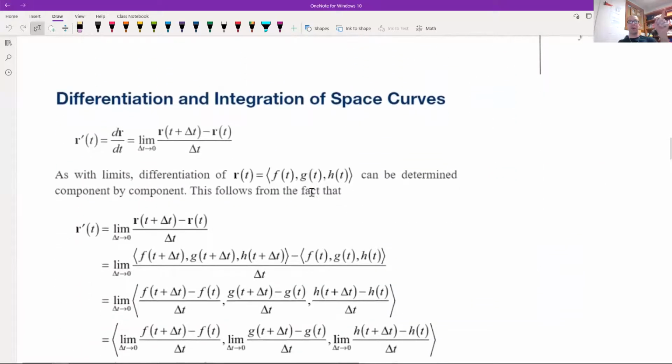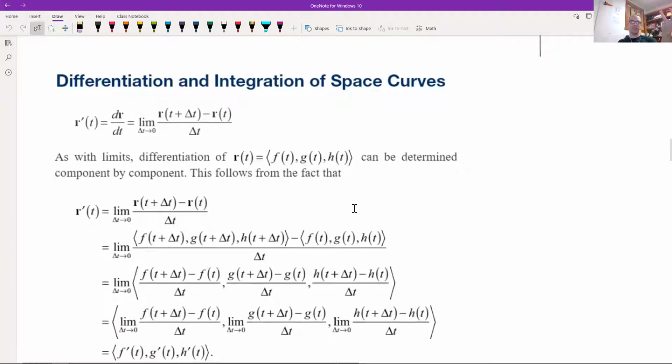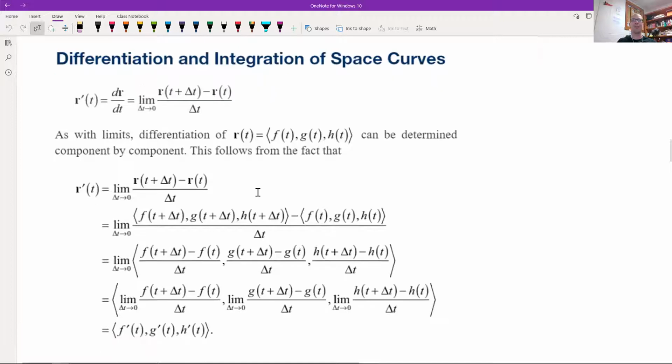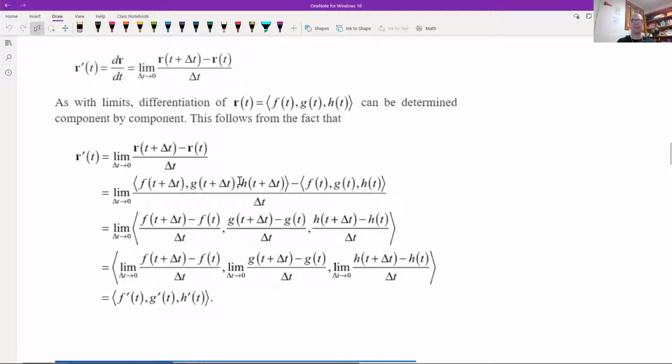All right, now we're going to start doing some more calculus. Differentiation. We have our difference quotient here. And know that r of t is still a vector. So expanding this difference on top looks like you're doing a vector subtraction.